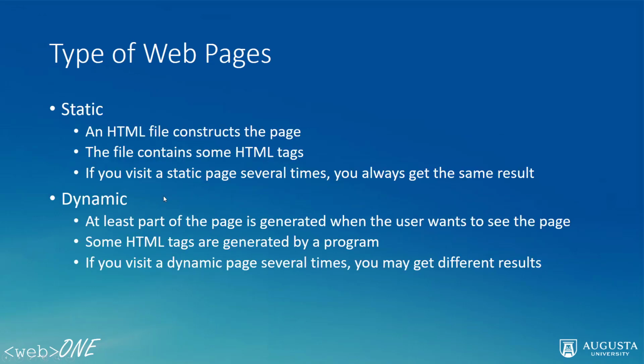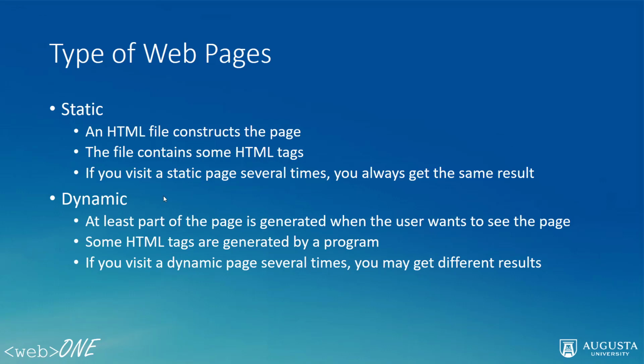In fact, we have two types of web pages: static web pages and dynamic web pages. Static web pages are web pages that always show the same thing to users. HTML files actually create static web pages.